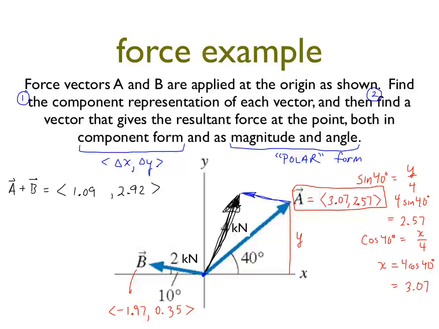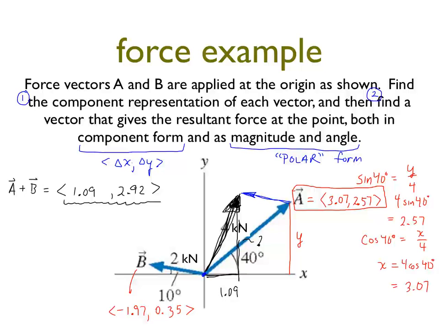Does that look horrible? Yes, it looks horrible. Does it agree with the values? More up than to the right. So 2.92 up, which is this right here, that's the vertical component. And then 1.09 to the right.